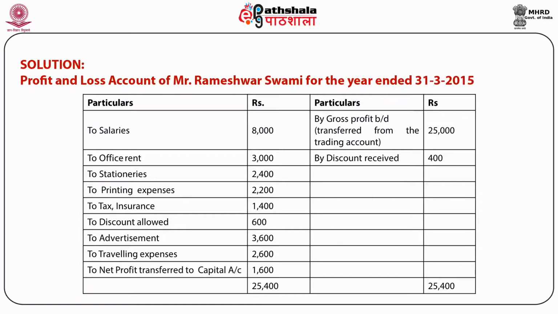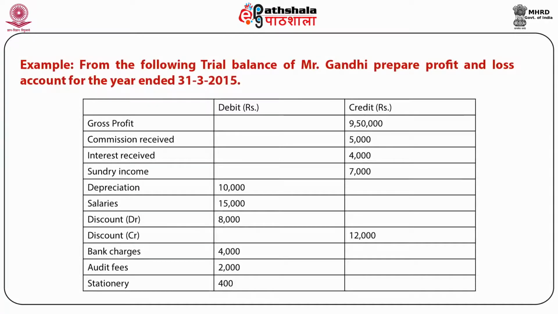The capital account will be credited with this net profit. So, with the help of preparing the profit and loss account, a firm can judge whether it is earning profits or losses.